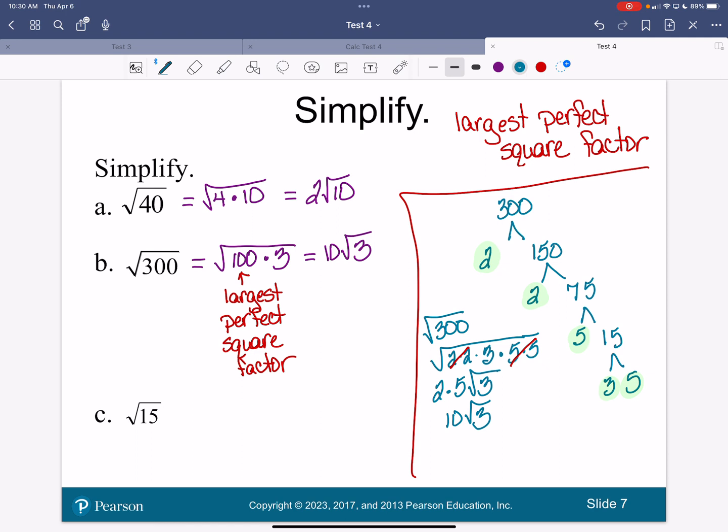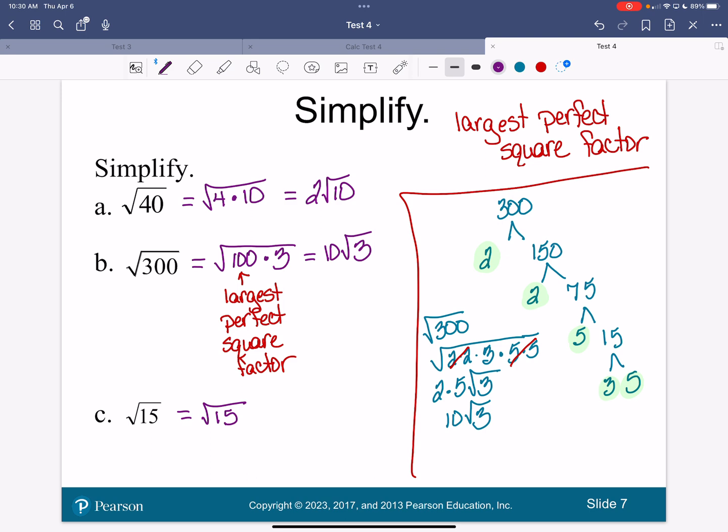Now, the square root of 15, does it break down into a perfect square factor? No. What are the factors of 15? 3 and 5. Is 3 perfect? Is 5 perfect? No. So this does not simplify.